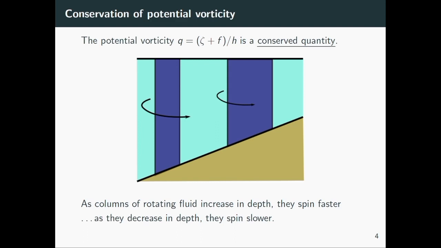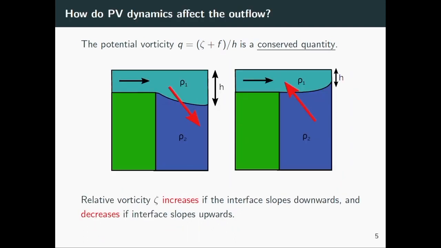So this is the expression for this conserved quantity, potential vorticity. h is the depth of the column, f is the Coriolis parameter that measures Earth rotation, and zeta is the relative vorticity. So how does this manifest itself in an outflow? Well, if we have fresh river water lying above salty seawater, and our fresh river water comes out the river and into the ocean, and if for some reason this fresh layer gets deeper as it comes out, then that causes an increase in zeta, the vorticity, and drives the current out of the page.